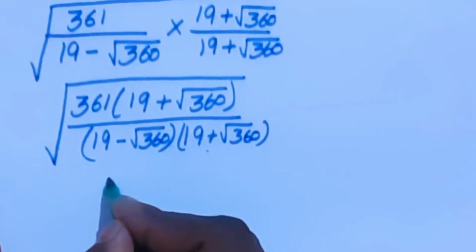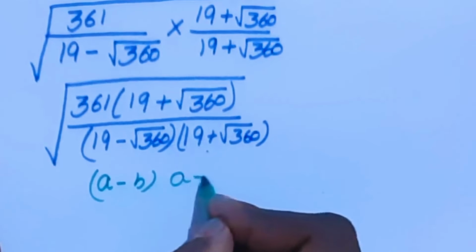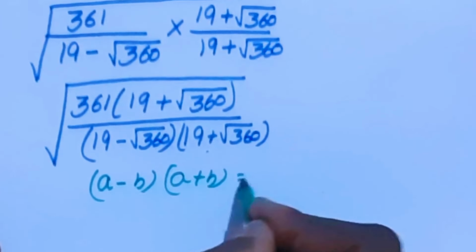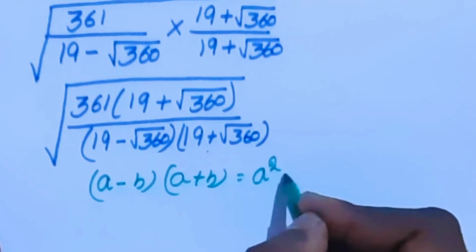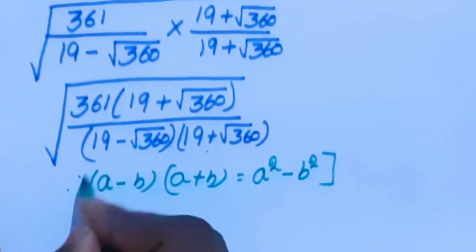Now we know this formula that a minus b, a plus b equal to a square minus b square. This algebra formula we are going to apply here.